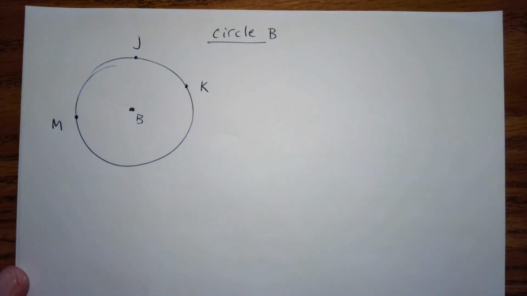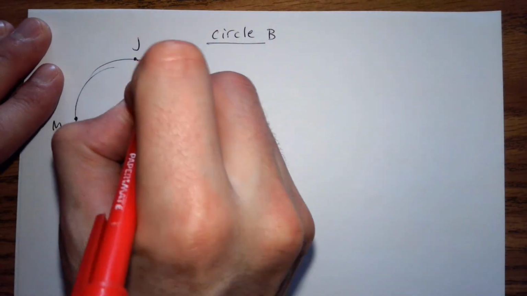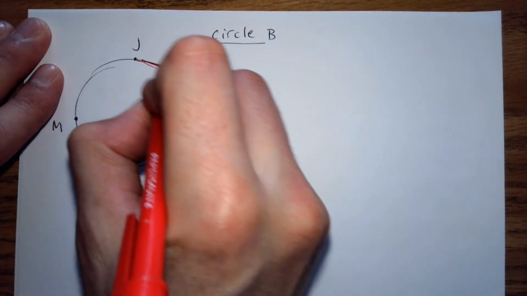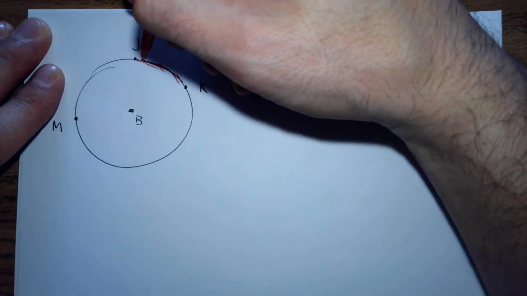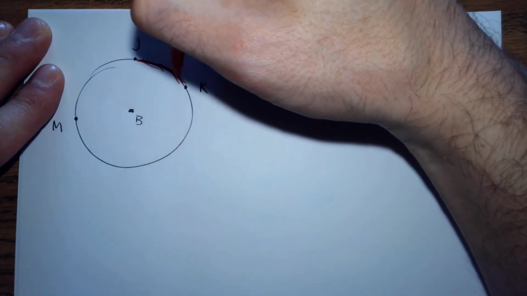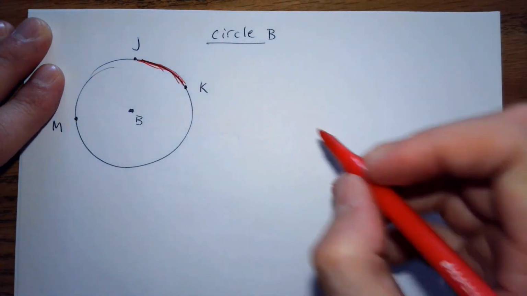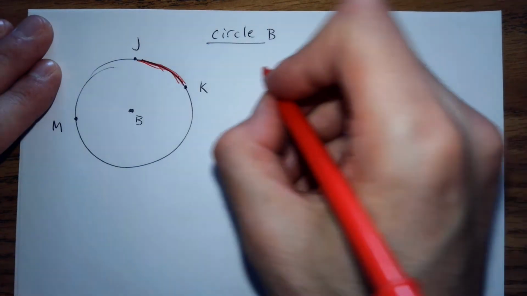And so we named some lines going through the circle, but the lengths of the curved portions of the circle, we're going to call arcs, A-R-C. So what I'm going to say here, I don't know if you'll be able to see this, but I'm going to color in red from J to K. That doesn't look great, but oh well.